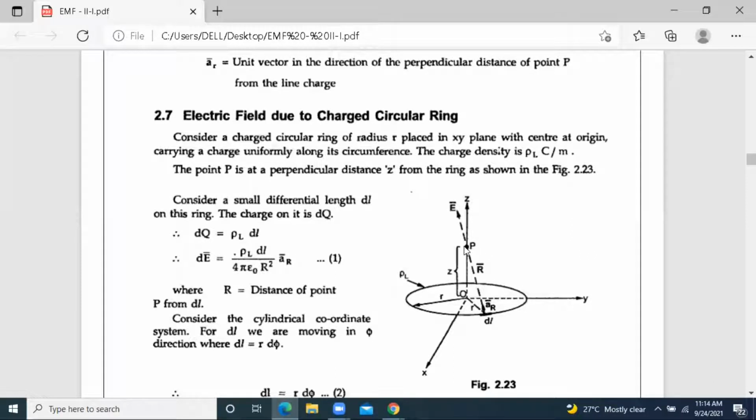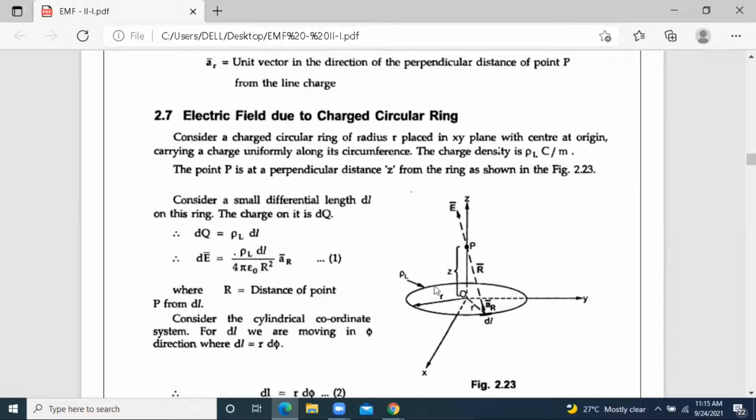But look at the basics. We want to find the electric field intensity at this point P. The reason we choose that is because we enjoy symmetry and everything becomes simple. So it's a hula hoop, a circular ring of charge, right?